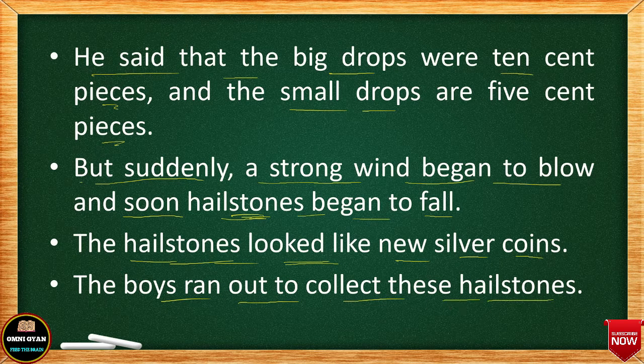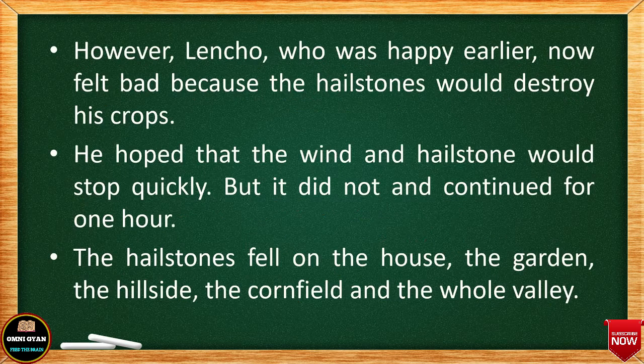They were very happy. Okay, but for Lencho it was not happy news. ये Lencho के लिए कोई happy news नहीं था. However, Lencho, who was happy earlier, as I told, now felt very bad.